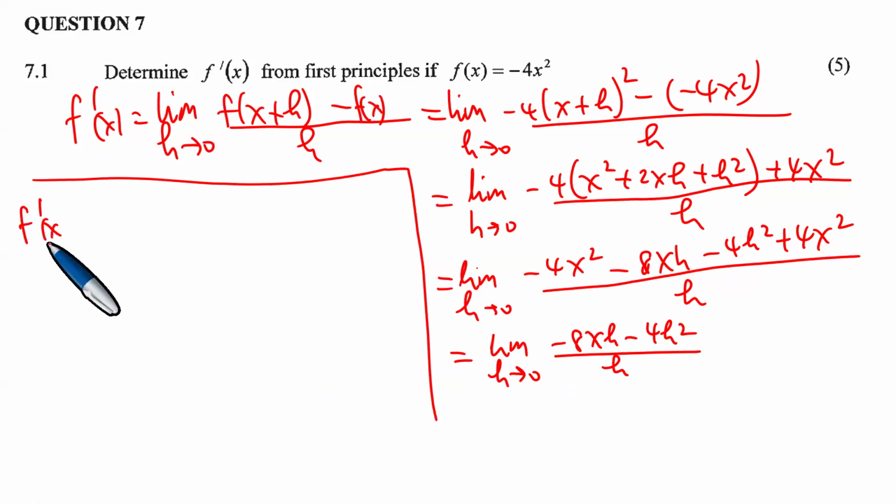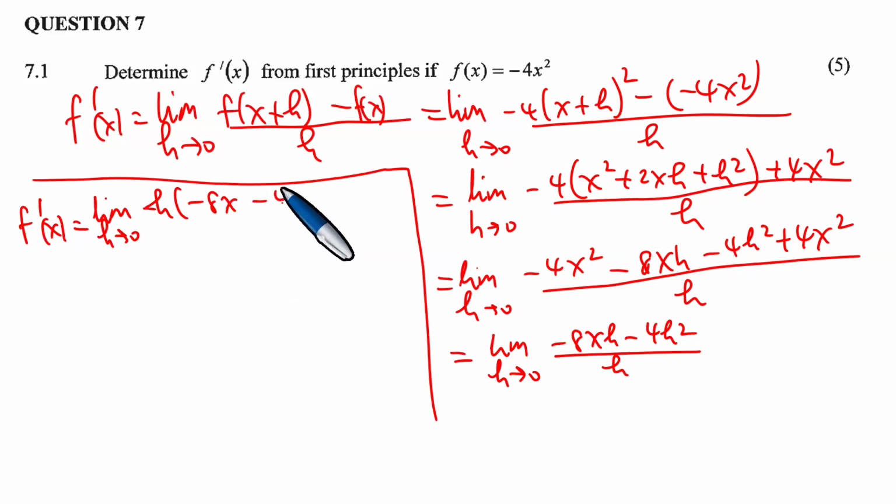Which means f prime of x is the limit as h approaches 0, you can take out h as a common factor, and you have h times minus 8x minus 4h.